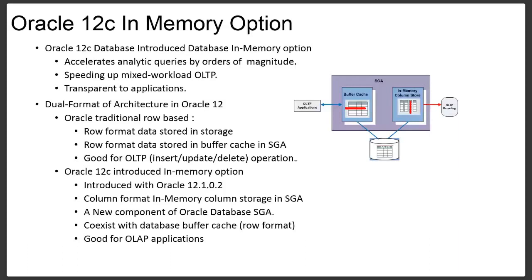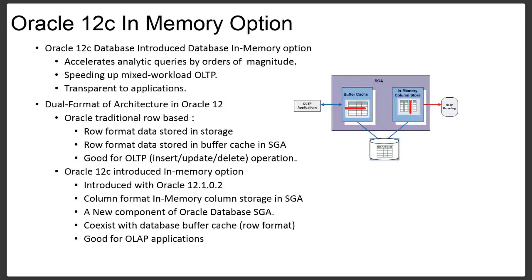Because we have this in-memory option, so the business analytical application doesn't require those indexes anymore. They can get data directly from in-memory, which is much faster than going through the index. So those indexes can be removed as a result. As a result of removing indexes, this will dramatically improve the OLAP application.